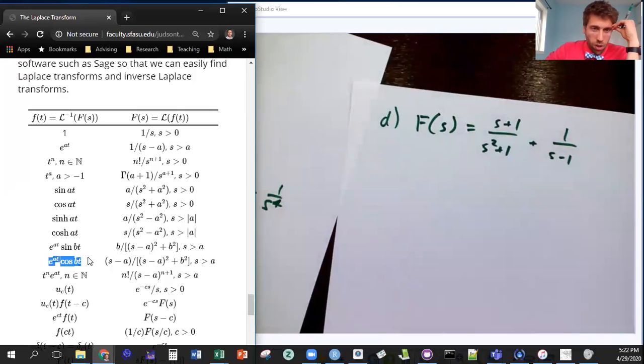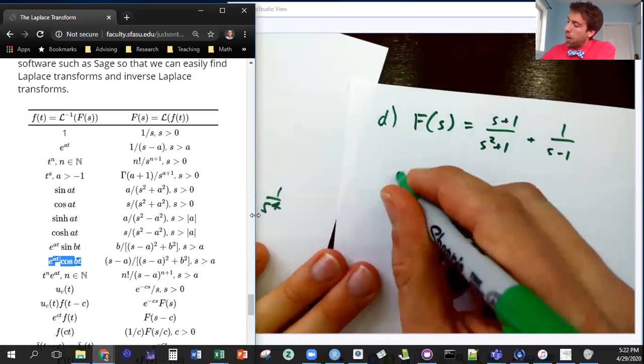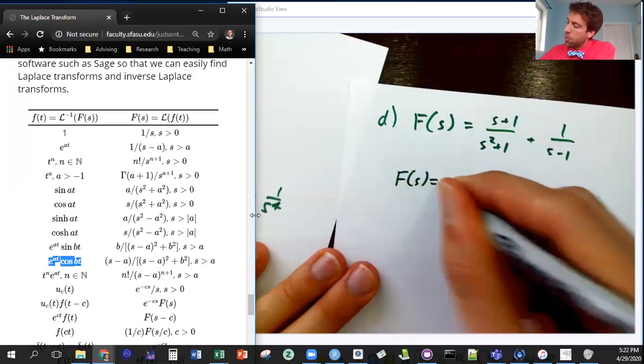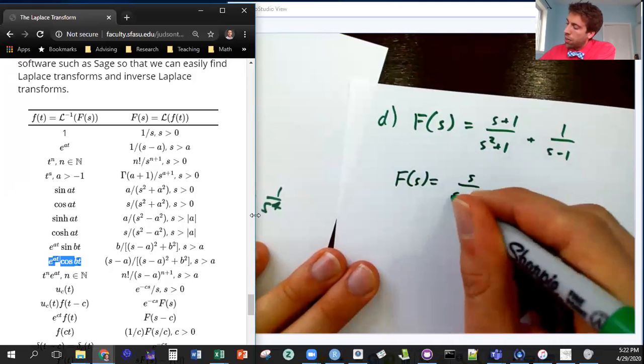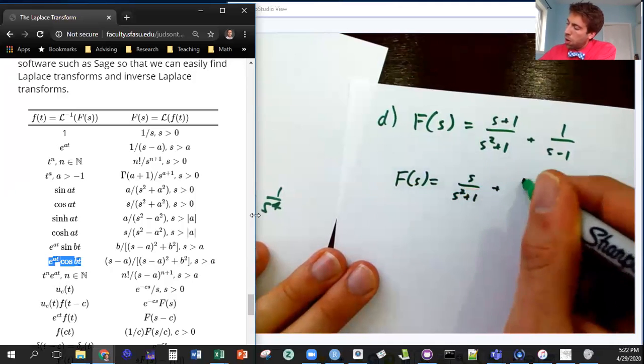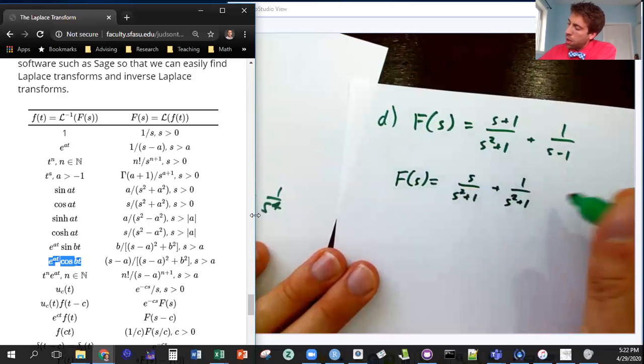Okay, so if a is negative 1, then, oh boy, that still doesn't work out. Well, maybe we need to break that up. So that means F of s equals s over s squared plus 1 plus 1 over s squared plus 1 plus 1 over s minus 1.